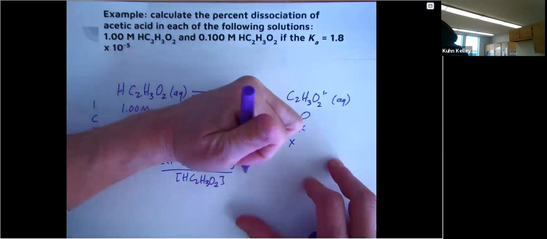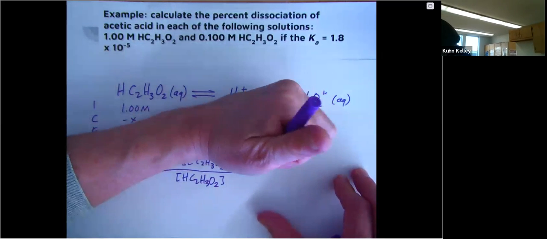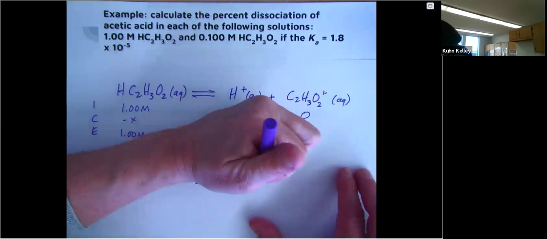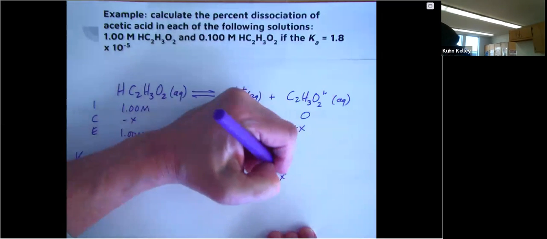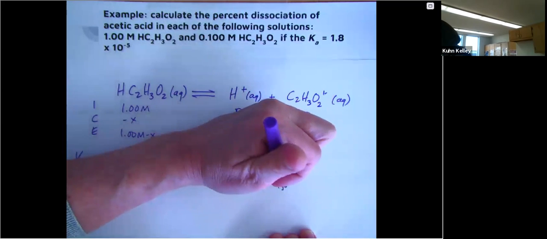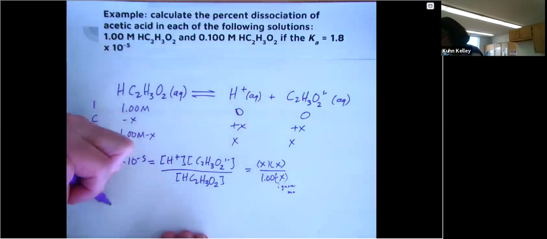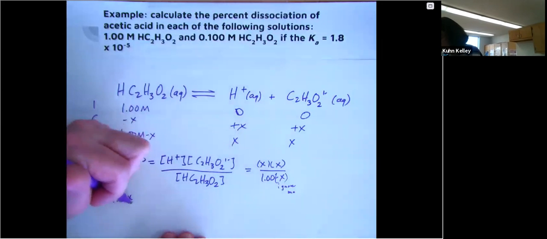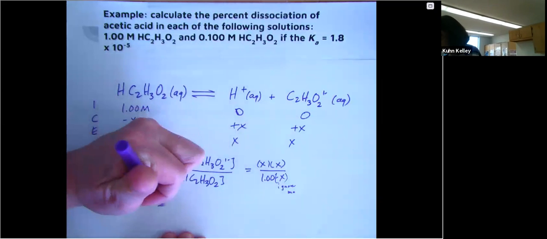So when I put those values in, I'm going to have x times x over 1 minus x, but I'm going to ignore this. So ignore me. So when I simplify, I get 1.8 times 10 to the negative fifth is equal to x squared over 1.